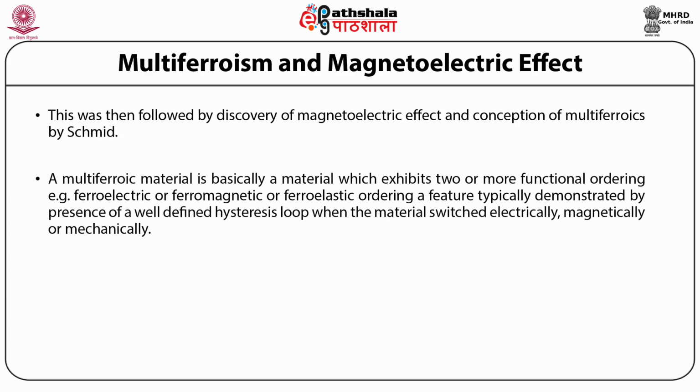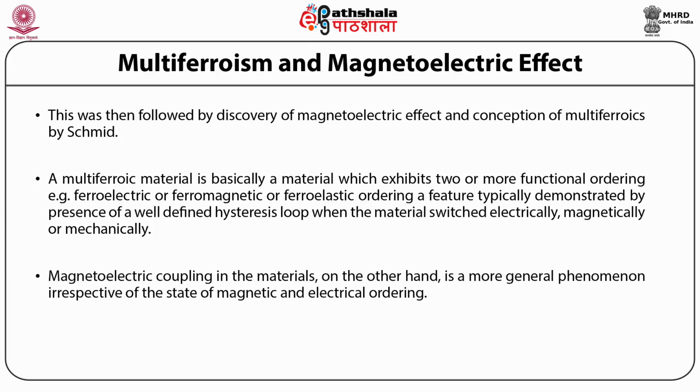So, a multiferroic material is basically a material which exhibits two or more functional orderings, for example, ferroelectric, ferromagnetic, or ferroelastic ordering, a feature typically demonstrated by the presence of a well-defined hysteresis loop when the material is switched electrically, magnetically, or mechanically. Next is the magnetoelectric effect.